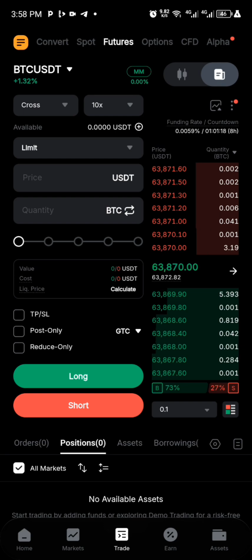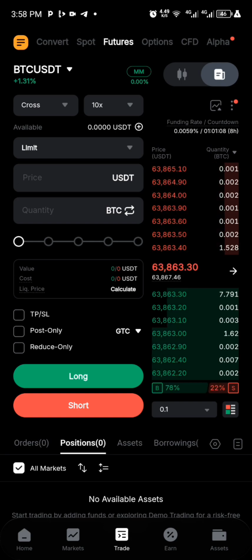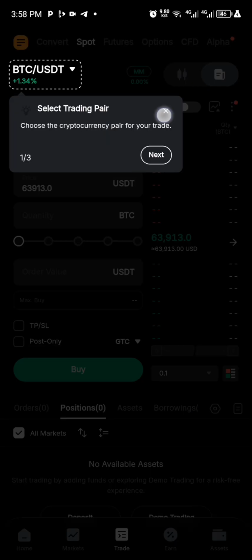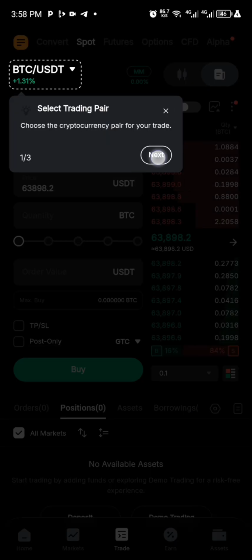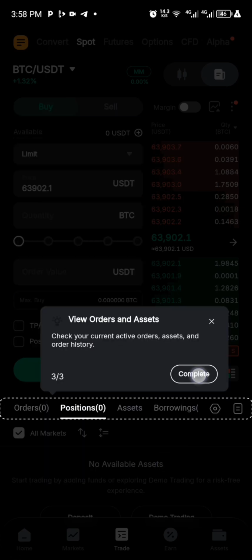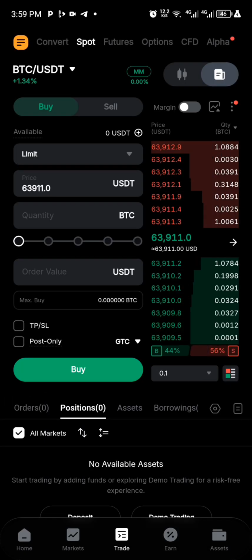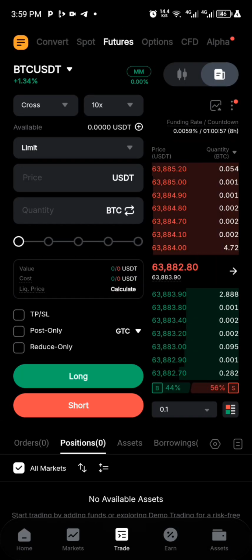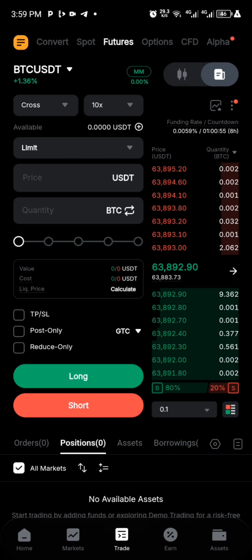The type of trade that you're going to be taking is futures. If yours is showing spot like this, kindly tap on futures, and it's going to take you to futures.